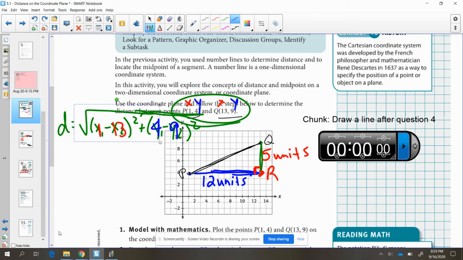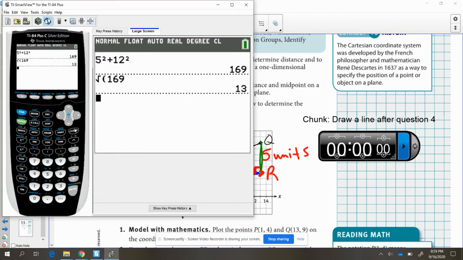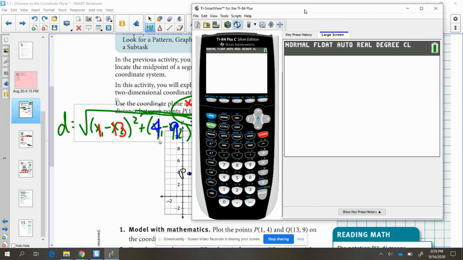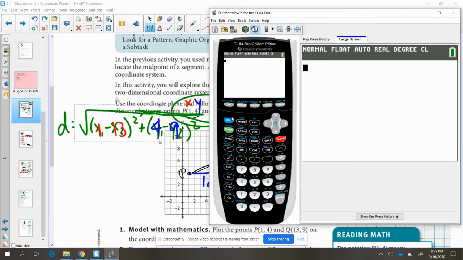And I'm going to be really careful how I type this in, okay? So notice when I type this in, depending on your calculator, if you have a calculator that's older and it pops up with a parenthesis like this, they are not putting this parenthesis right here. What they are saying is all of this stuff coming after this parenthesis is underneath the radical. So you need to put a second parenthesis, and then you're going to type 1 minus 13.